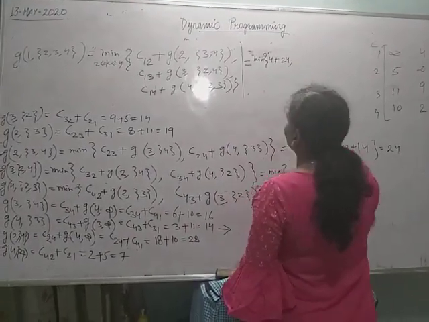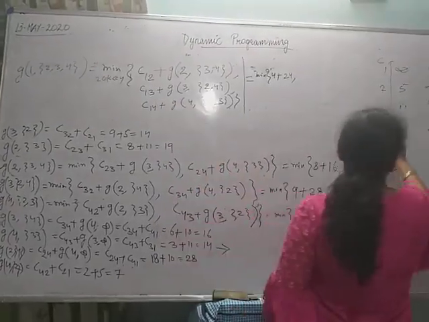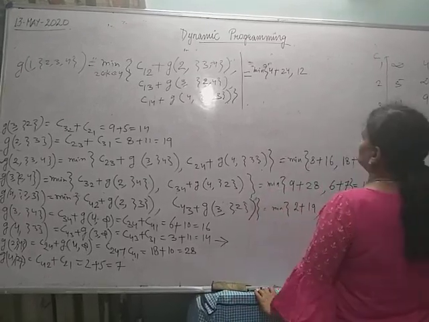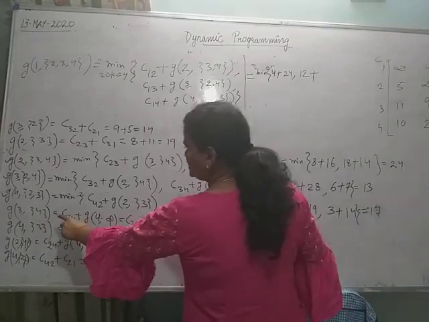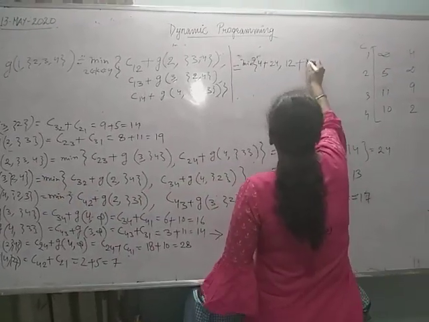Okay, and then this one C13 is 12 plus G324 is what? 13.